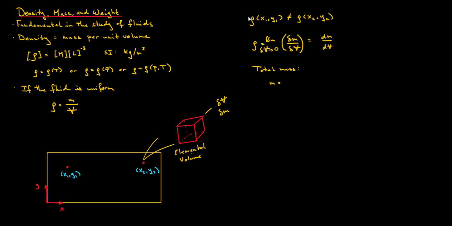Stated mathematically, we would say that the total mass, m, is the integration of all the differential masses dm. Now we can see from above that dm is equal to the density multiplied by dV. So we can express this integral as rho dV. And this is an integration over the entire volume.